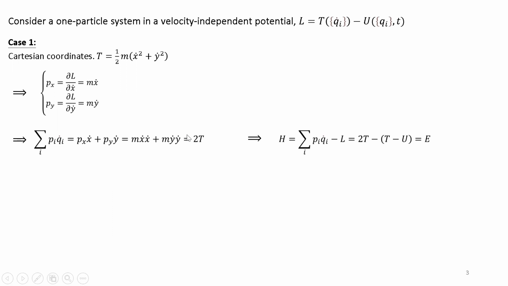So if it's 2 times the kinetic energy, then this sum minus the Lagrangian will be 2T, 2 times the kinetic energy, minus T minus U. That would be T plus U, the total energy of the system.